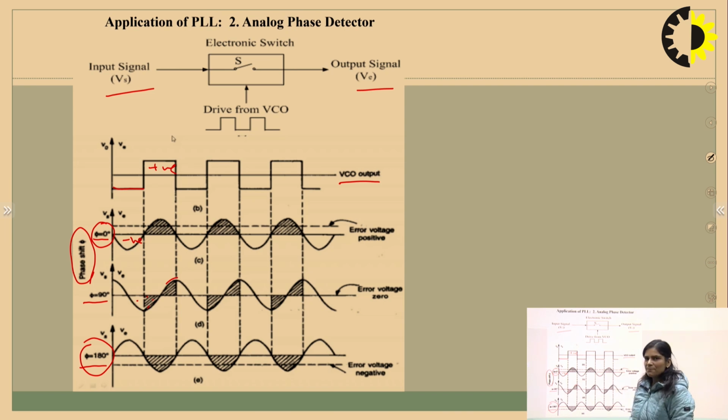Our purpose is to generate 0 error when we compare the output frequency with the input frequency. This purpose is solved by using phi equal to 90 degree, because the positive and negative phases cancel out and the error voltage is equal to 0 by using this application, the analog phase detector.